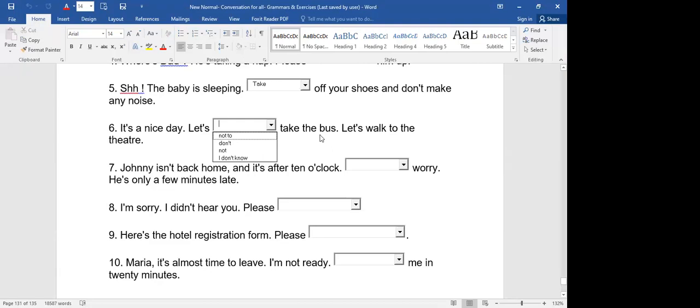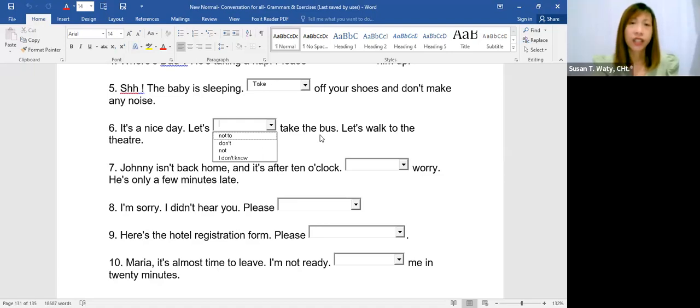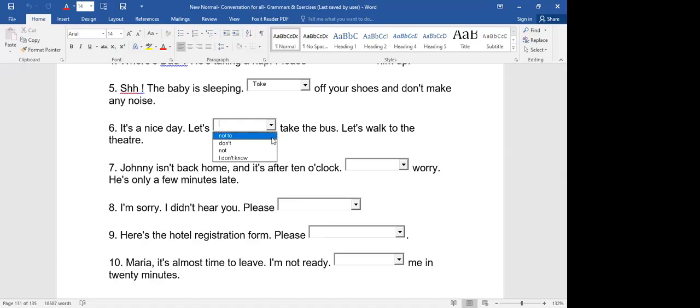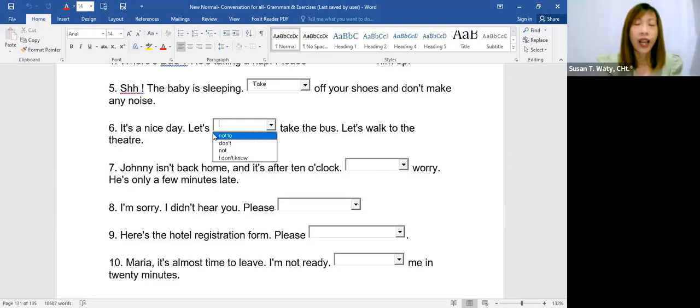It's a nice day. Let's don't take the bus. Let's walk to the theater. Theater. All right.